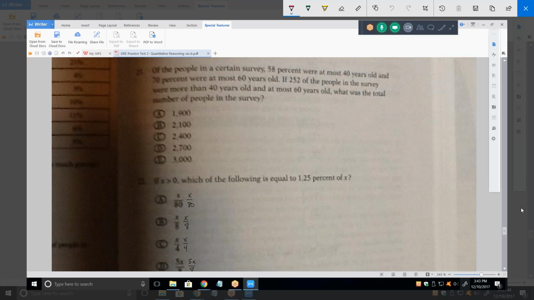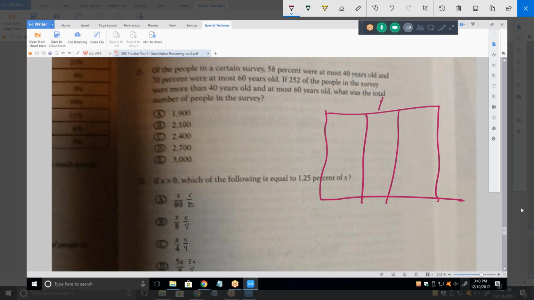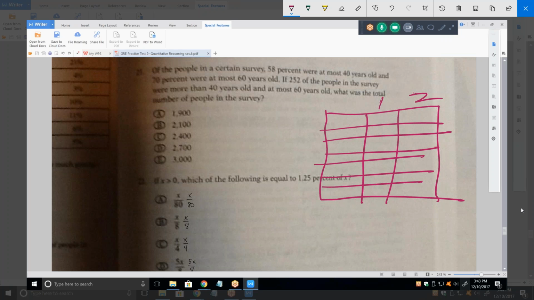Yeah, I would do it this way. That's group 1, that's group 2. You got 7 categories. You're going to have to at least do this on your private piece of paper. 1, 2, 3, 4, 5, 6, 7, and then put your numbers in.